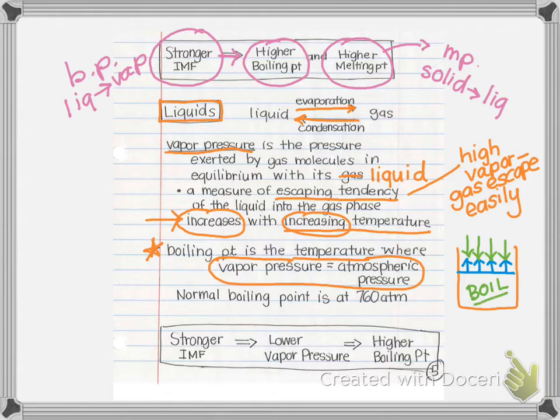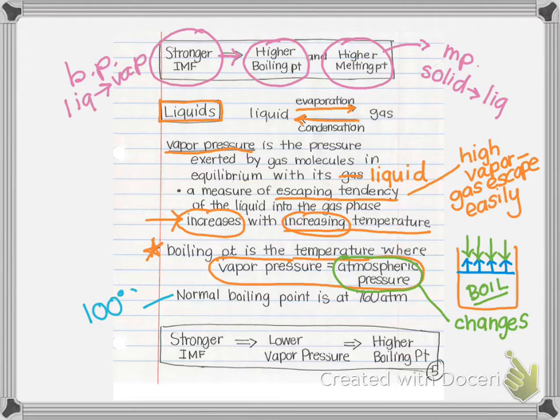It's kind of interesting because it means that the temperature at which something boils is related to the atmospheric pressure, which means this can change depending on your elevation, because the higher the elevation, the lower the atmospheric pressure. If I ask you today what the boiling point of water is, you would probably tell me 100 degrees Celsius.